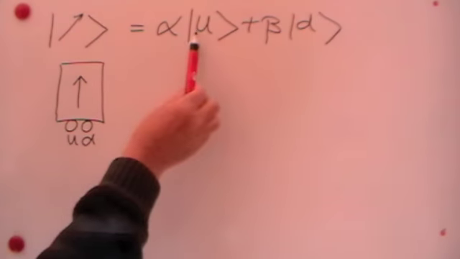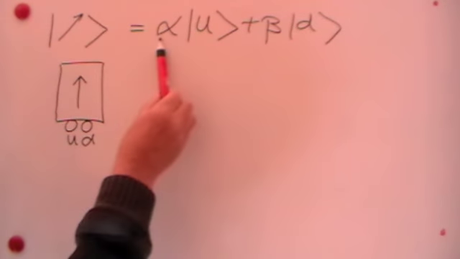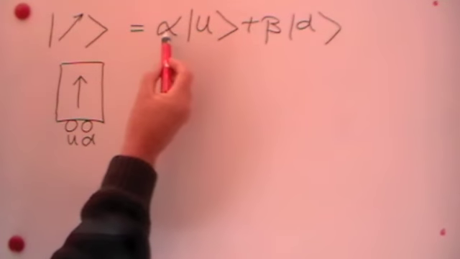We mean that there's a bit of up and a bit of down inherent in this spin, because sometimes the electrons will give an up and sometimes they will give a down. And what have we already learned about these values, alpha and beta? They are the probability amplitudes of getting an up or a down. And remember, to get the probability, you have to square these terms.